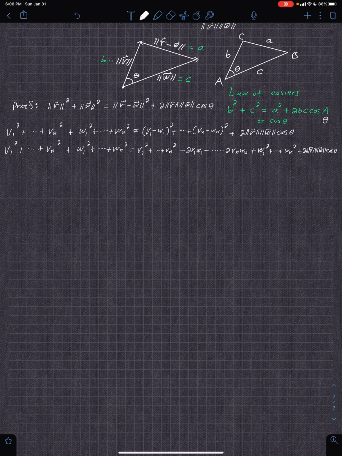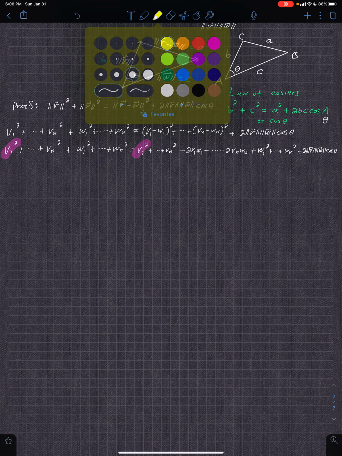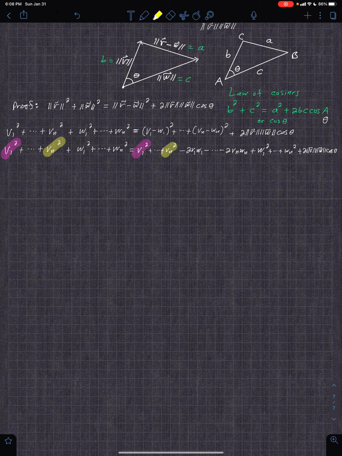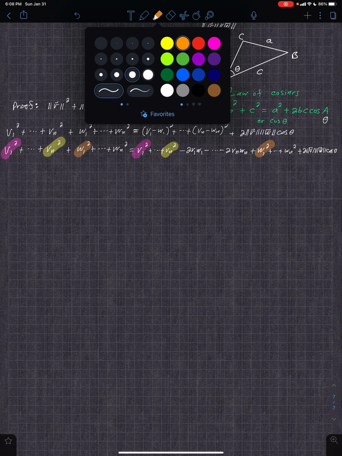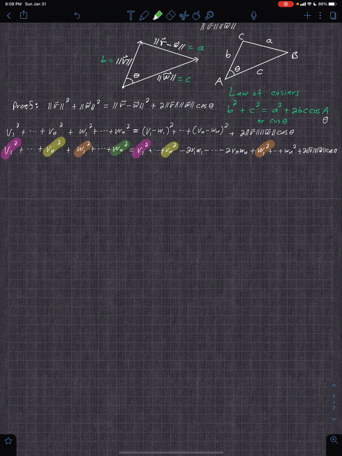And so look what happens to all these. So this and this will be annihilated. All of these will be gone. These will be gone. These will be gone. And then you just bring over all of these terms to the left-hand side.